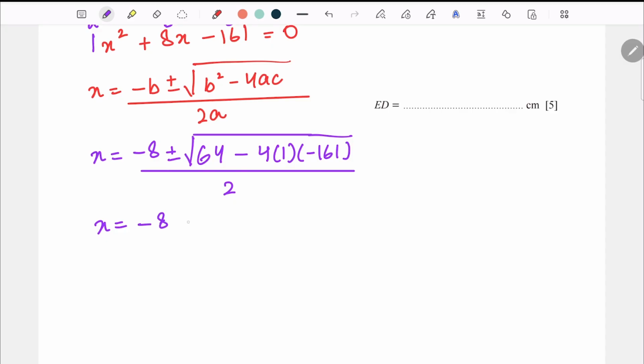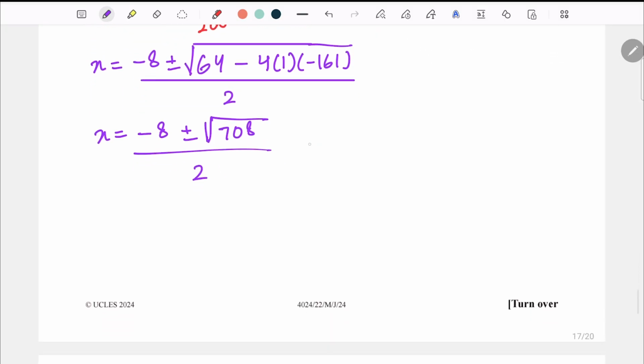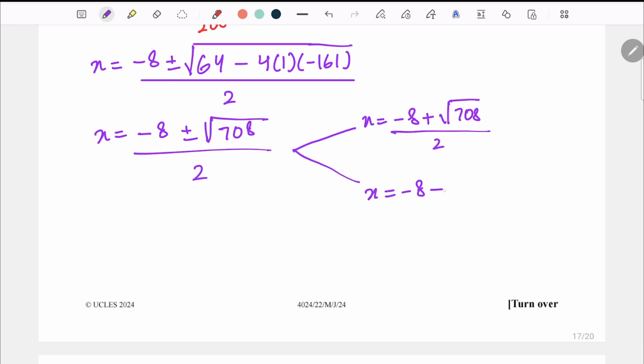Minus 8 plus minus under root 708 divided by 2. This can also be written in two ways, that are x is equal to minus 8 plus under root 708 divided by 2, or x is equal to minus 8 minus square root 708 divided by 2.